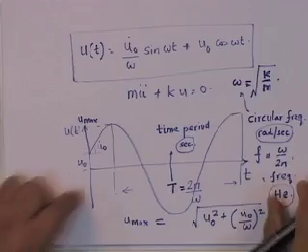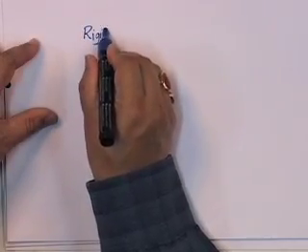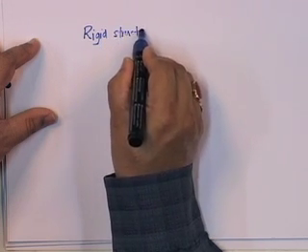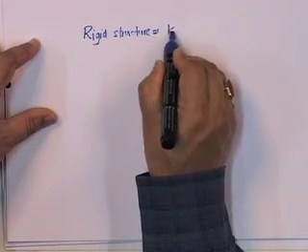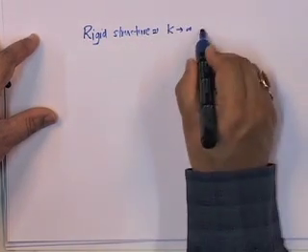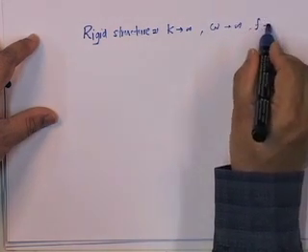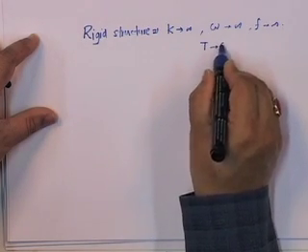So, in other words, if you have a rigid structure, this implies k tends to infinity, which implies omega tends to infinity, which implies f tends to infinity, and which implies T tends to 0.